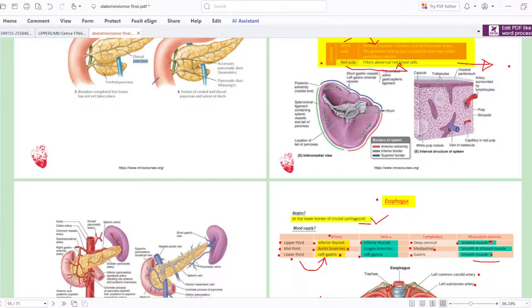Same question. Before, they used to give: which of the following structures is not in the transpyloric plane. They gave hilum of the lung, hilum of the kidney, hilum of the liver, hilum of the spleen. So definitely hilum of the lung is not at that level. If you read this thoroughly, you will be able to answer.